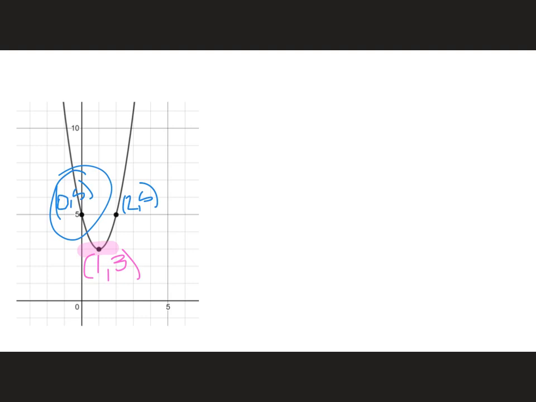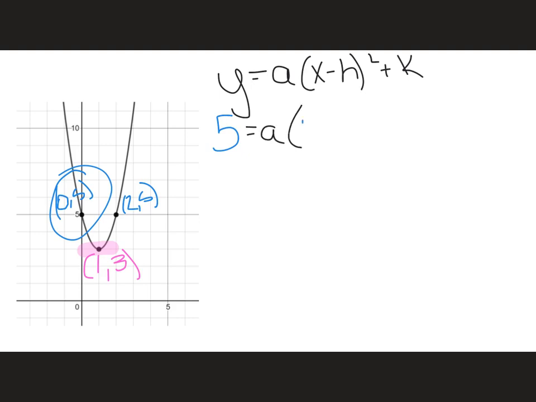So starting with vertex form, y equals a times x minus h squared plus k. I'm going to substitute in both the 0, 5 for the x and y, and 1, 3 for h and k. So y would be 5 equals a times x is 0 minus 1 squared plus 3.